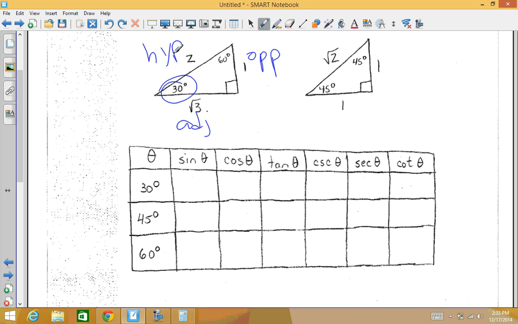So the sine of 30 degrees would be the opposite over the hypotenuse, or 1 over 2. Since we have sine, we can also answer cosecant, because cosecant is the reciprocal of that. So the cosecant of 30 would be 2 over 1, or 2.